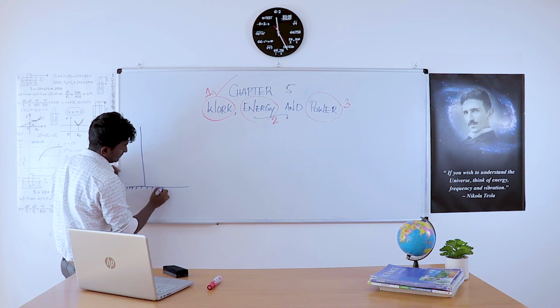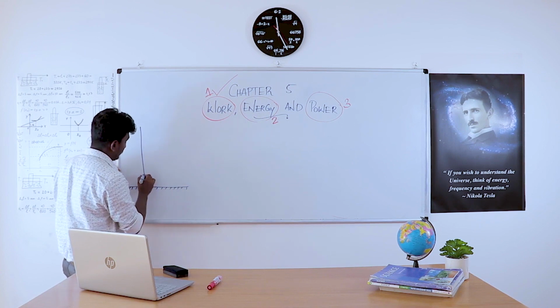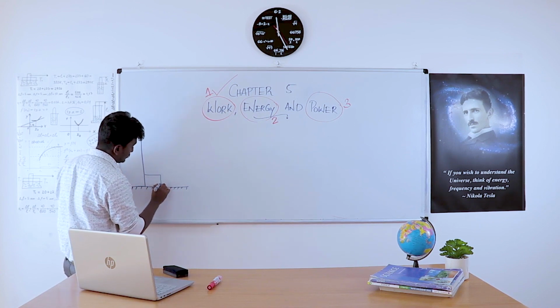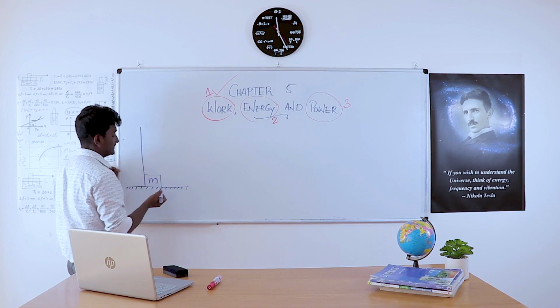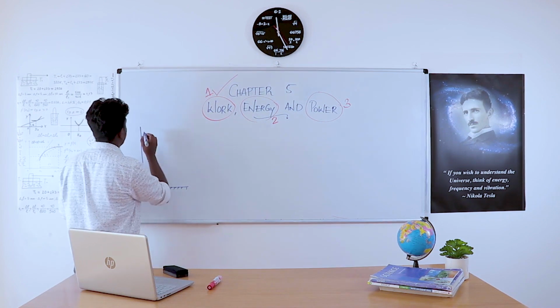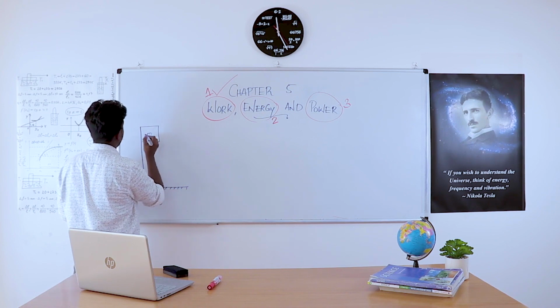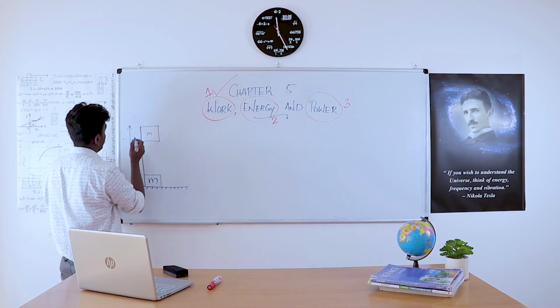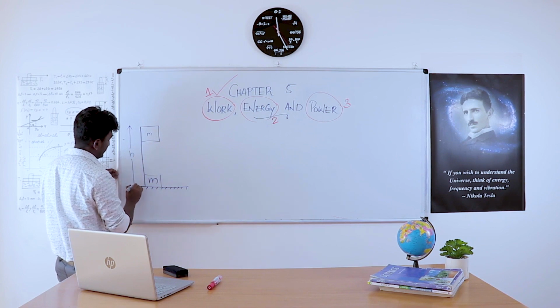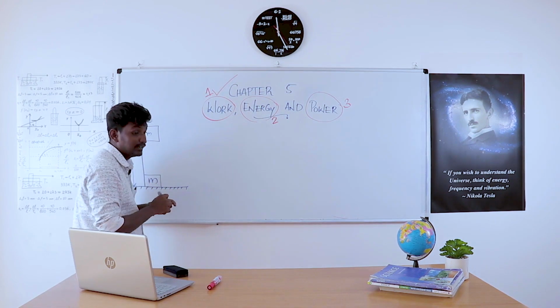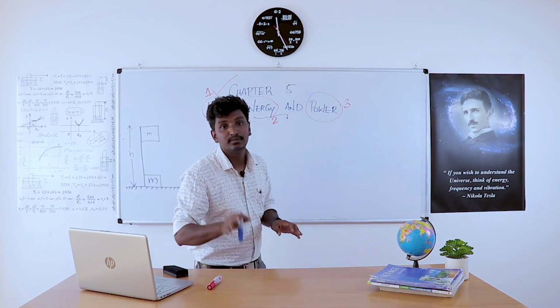This is the ground level, and we have an object of mass m at the ground level. When we shift the same object towards a height h, what will be the potential energy stored in the object?